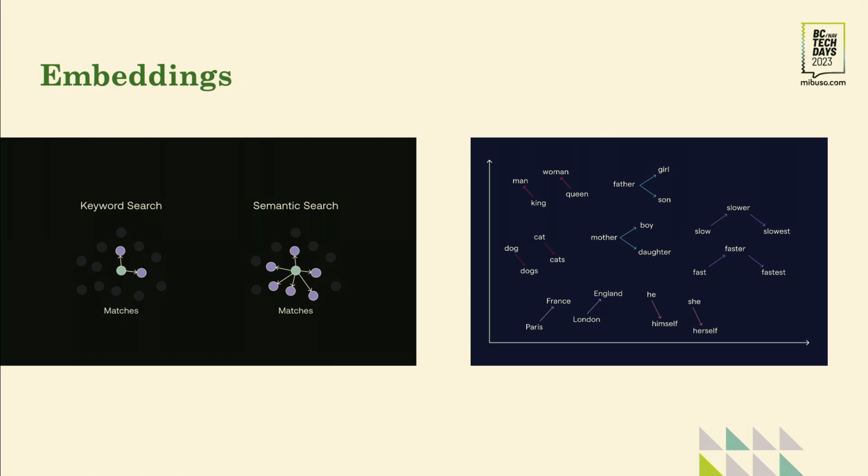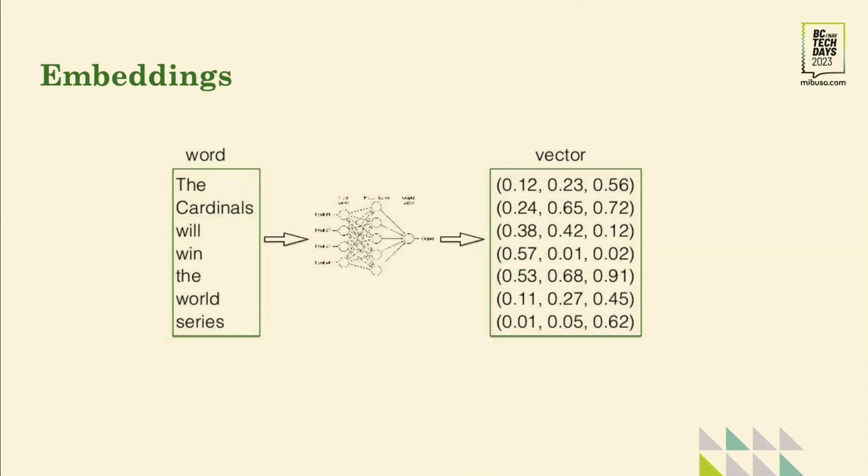So London is related to England, and it builds this map of a relationship between words. How does it do that? Actually, it converts words into vectors of numbers.